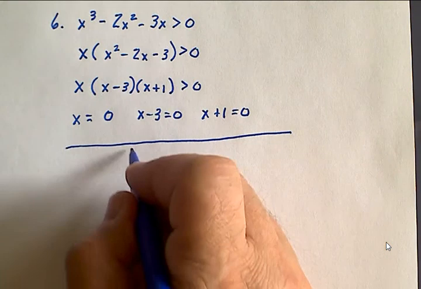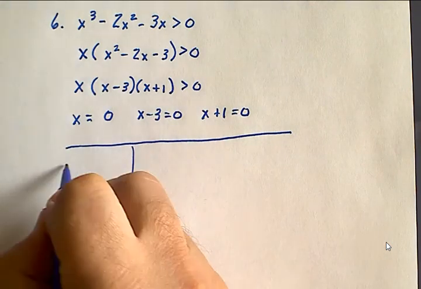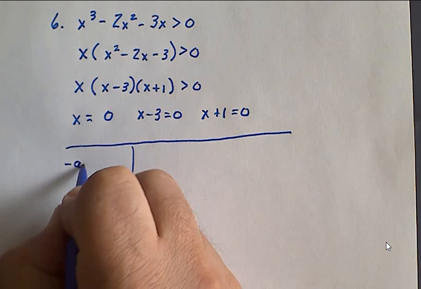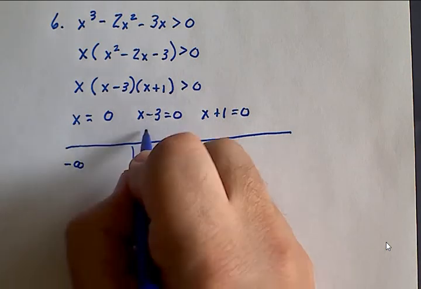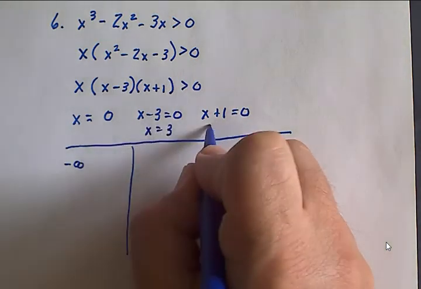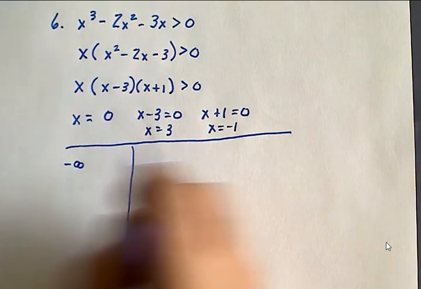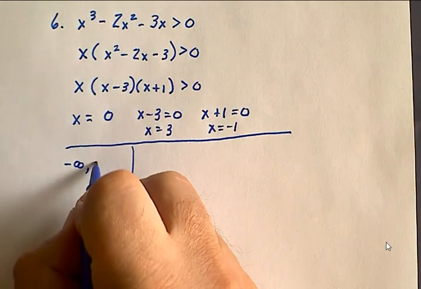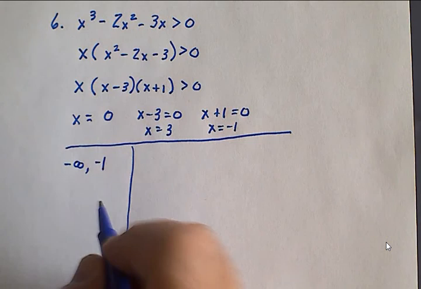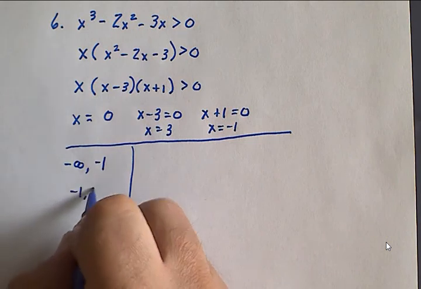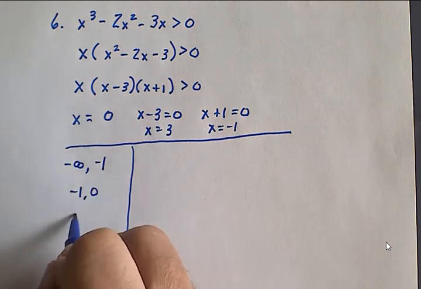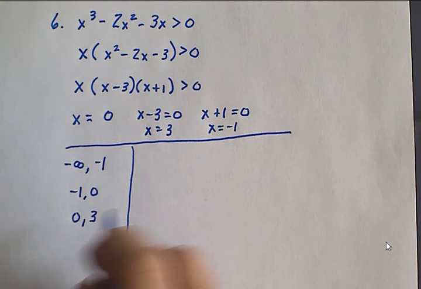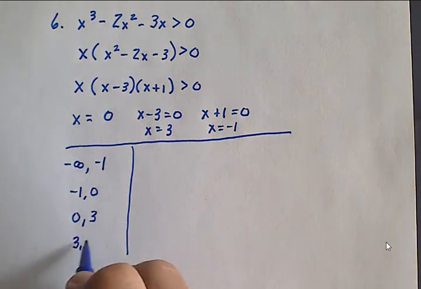So I'm going to go from negative infinity. So this is x equals 3. This is x equals negative 1. So I'm going to go from negative infinity to negative 1, from negative 1 to 0, from 0 to 3, and from 3 to positive infinity.